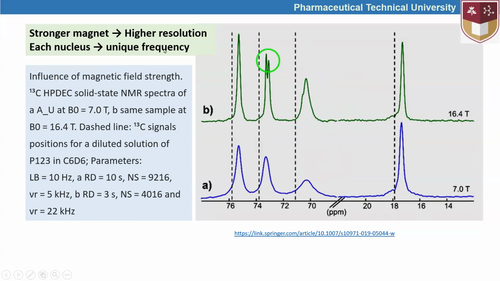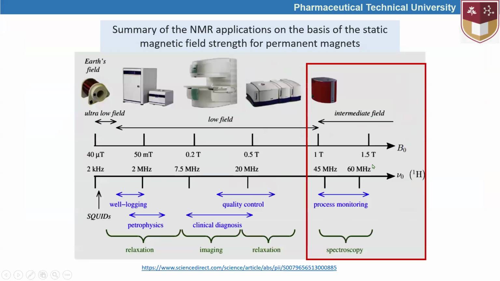And a stronger magnet leads to higher resolution as well. Here we can see that at 16.4 Tesla, we can see differences that cannot be identified if we use 7.0 Tesla. So the higher magnetic field or the higher radio frequency enables us to have higher resolution results in the NMR spectrum.